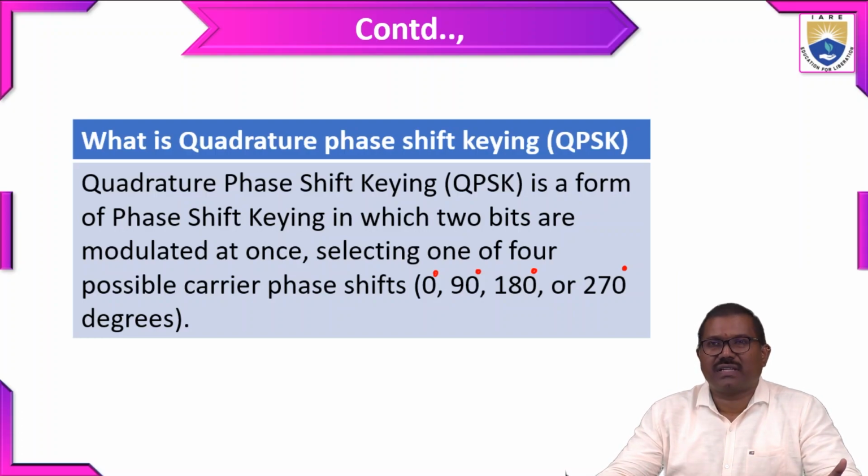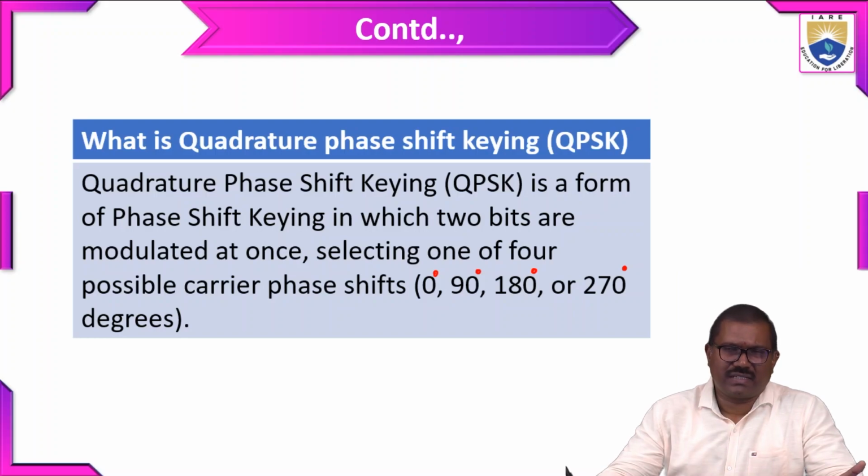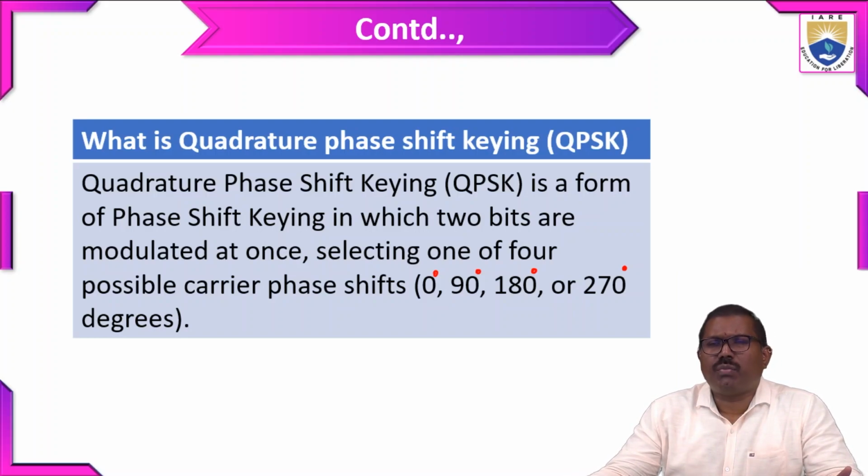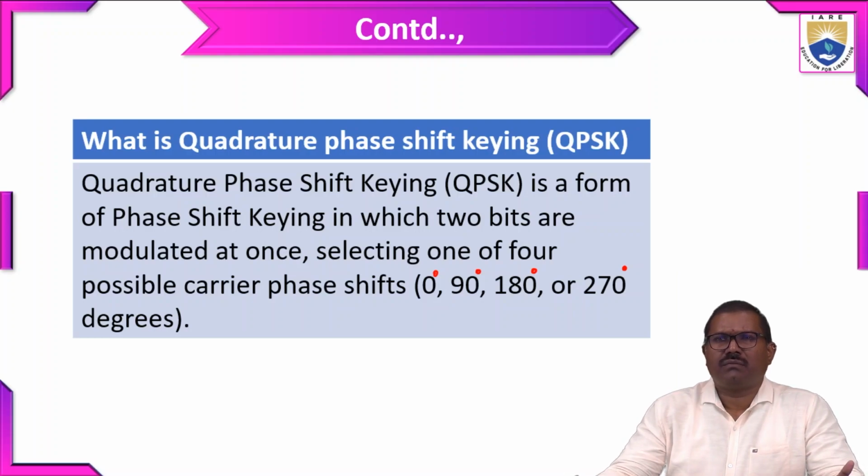Why QPSK? Here, in any communication system, we must save the power and at the same time bandwidth. When I am using binary signalings, that is ASK, PSK, FSK, they are using more bandwidth. Why? We can send only 1 bit at a time. So in the same bandwidth, it can send only 1 bit.